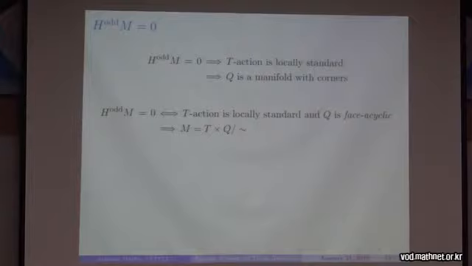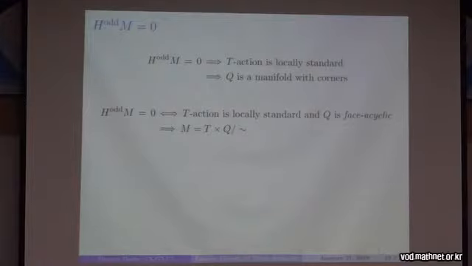We can also get this if and only if condition: the odd degree cohomology vanishes if and only if the action is locally standard, and the quotient space, which we know is a manifold with corners, is also face acyclic. So each of the faces is acyclic, and so is Q itself.